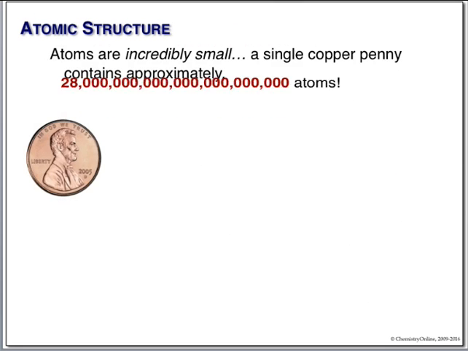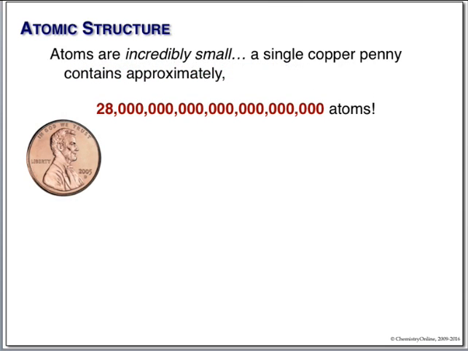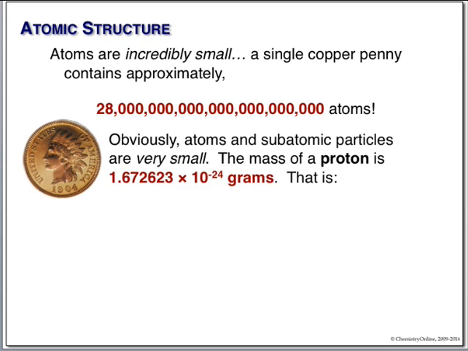Now, all of this is very, very small. We said that in a real copper penny, you would have roughly 28 sextillion copper atoms. Now, that's a huge number, huge number. The mass of a proton is just the opposite.